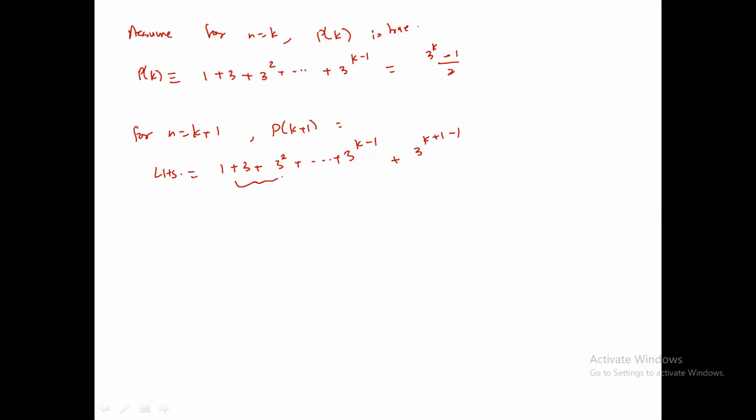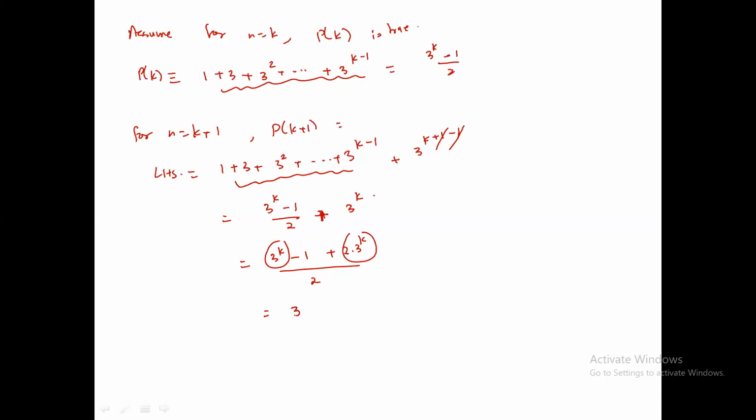But this entire thing from P of k, I can write (3 power k minus 1) by 2. Then I have plus 3 power k, since the plus 1 and minus 1 will cancel. So (3 power k minus 1 plus 2 into 3 power k) by 2. Or I can combine these two and I can say (3 into 3 power k minus 1) by 2.